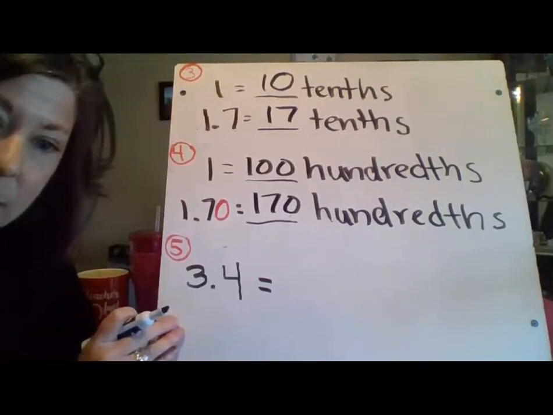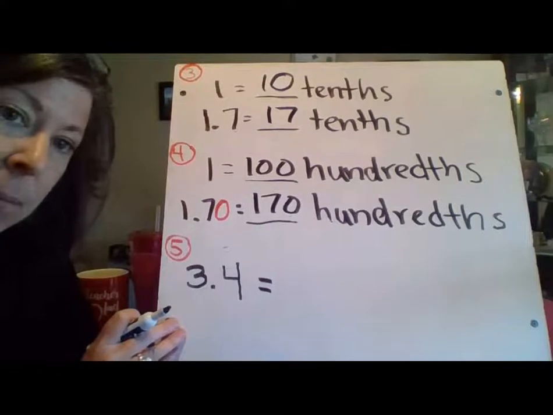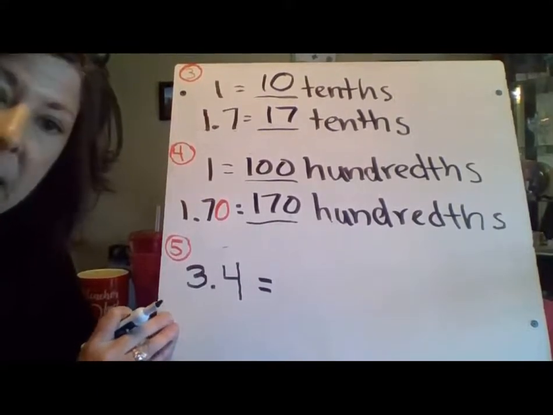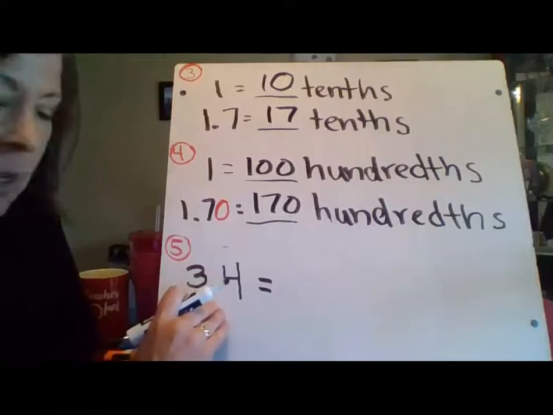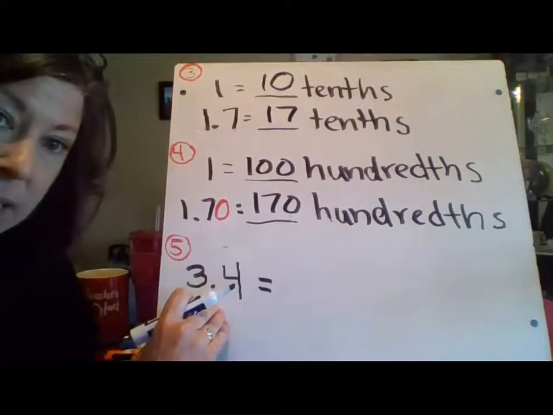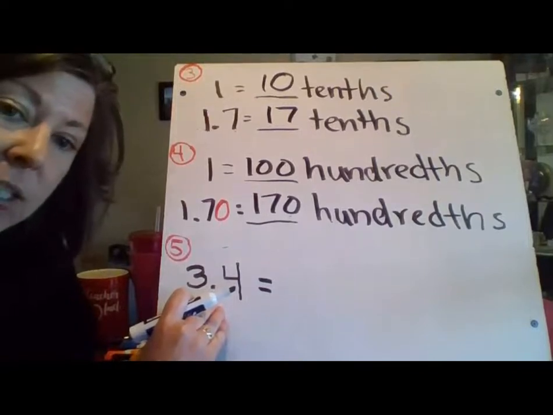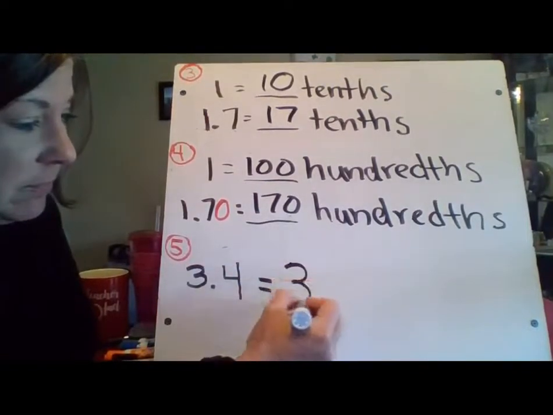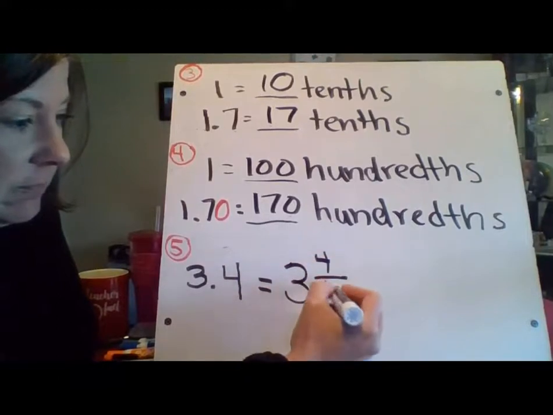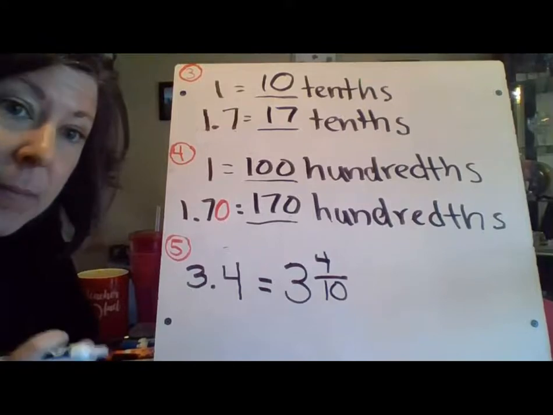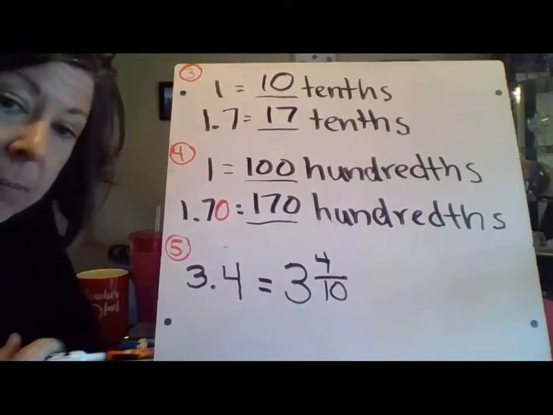This next example relates to number 5. However, it's not one of the problems you're given in number 5. This is just a model. You are given a mixed decimal. This mixed decimal, 3.4, is read as 3 and 4 tenths. They want the mixed number.